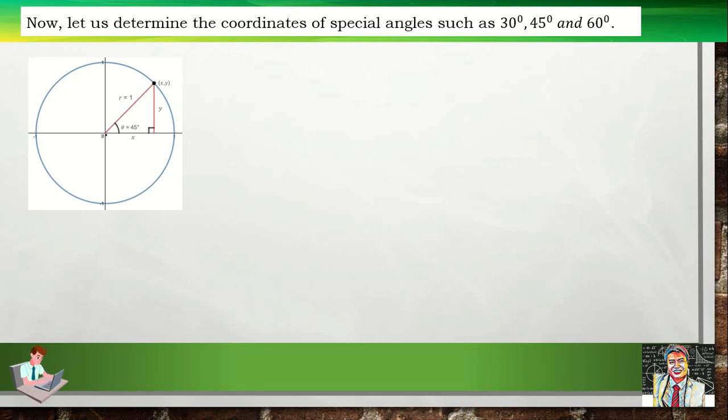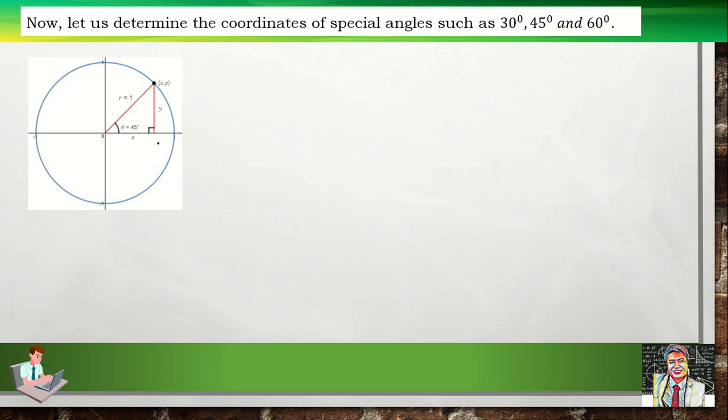Which is, that is the radius, yung length niyan is 1 unit. Ngayon, kapag mula dito sa point na to, nag-draw ako ng vertical line parallel to y-axis, nakapag-form ako ng special type of triangle, which is a right triangle.